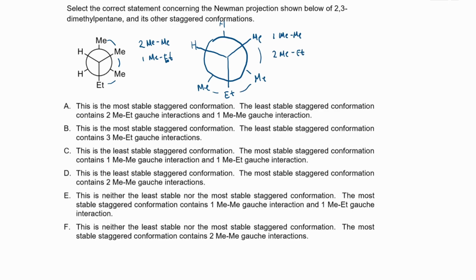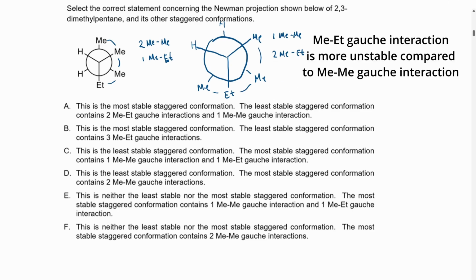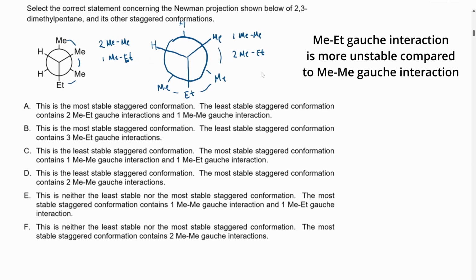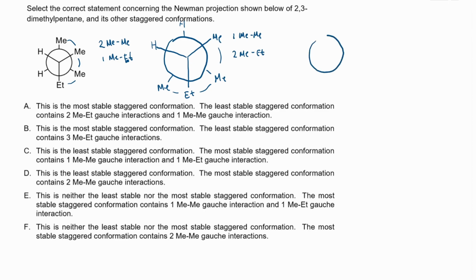So already we know that this conformation is going to be less stable than the one that's given to us. Alright, and finally, let's check the last one. So there used to be a methyl over here. Let's spin it the other way. Let's go over here. There used to be a hydrogen here. Let's spin it the other way. And then the last one's a methyl. And I'm going to copy everything over.